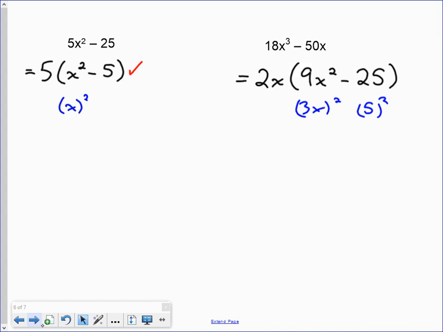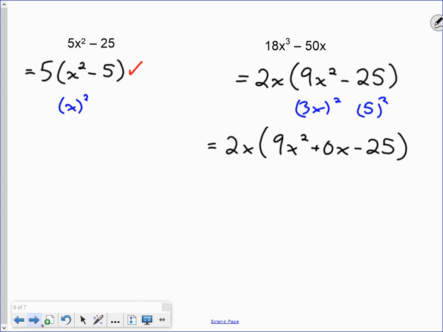Now remember, if you don't recognize the difference of squares, and you see something that has two terms, an x squared and then just a constant, you can always think about it by putting in that middle term with a coefficient of 0. And then you can factor this using the AC method like we were doing before.